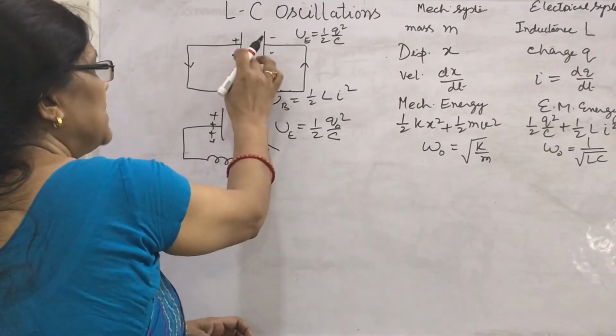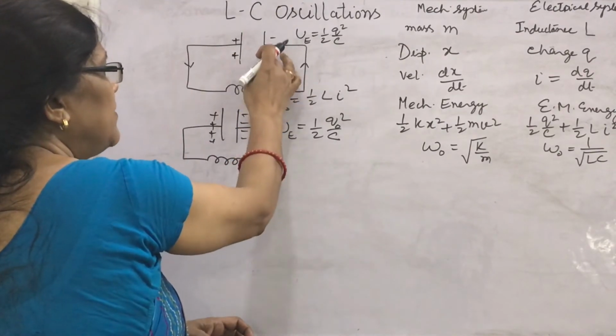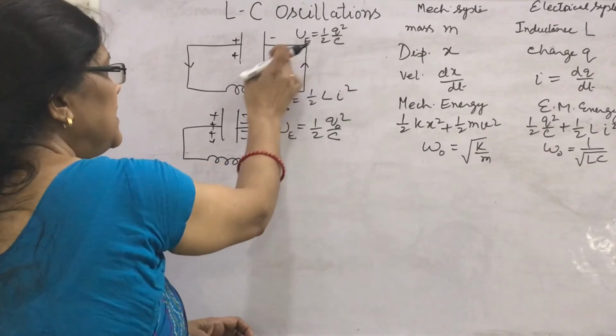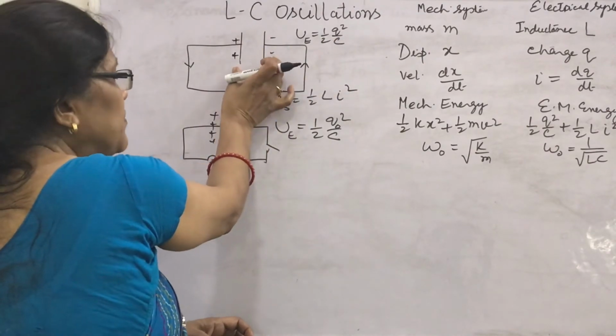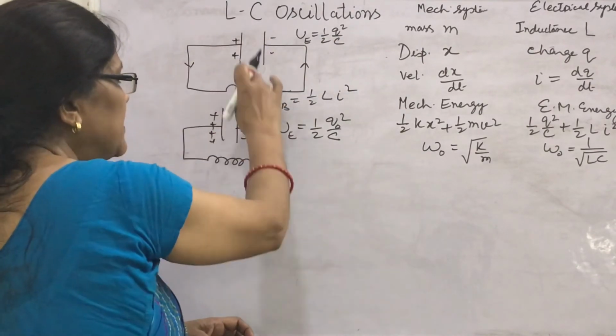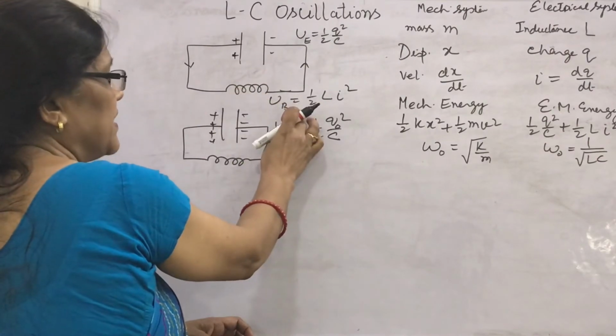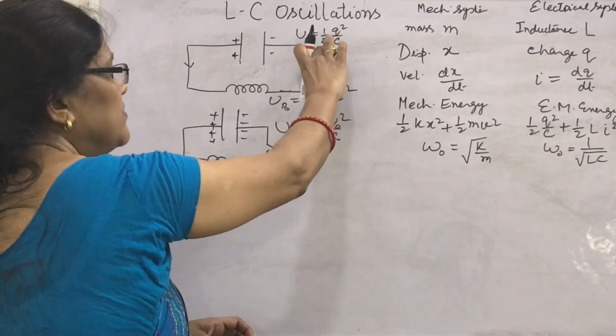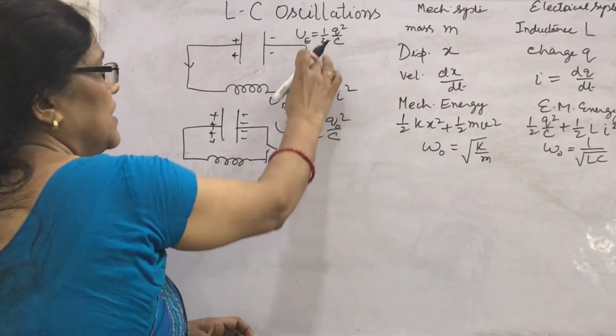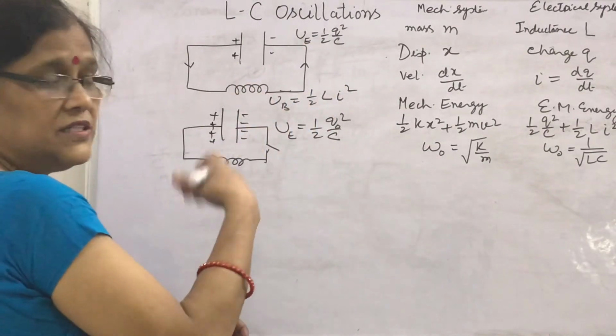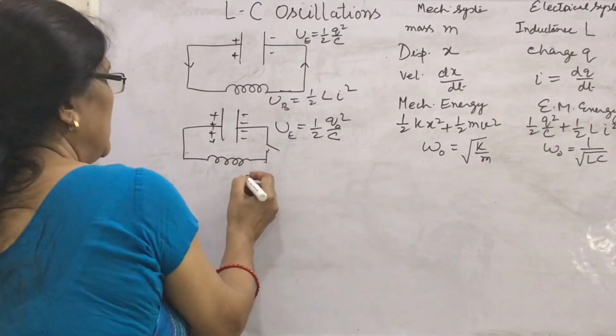Then at any instant t, some portion of the electrical energy is converted into magnetic energy. So how will you prove that the total energy, electrical plus magnetic, is a constant?